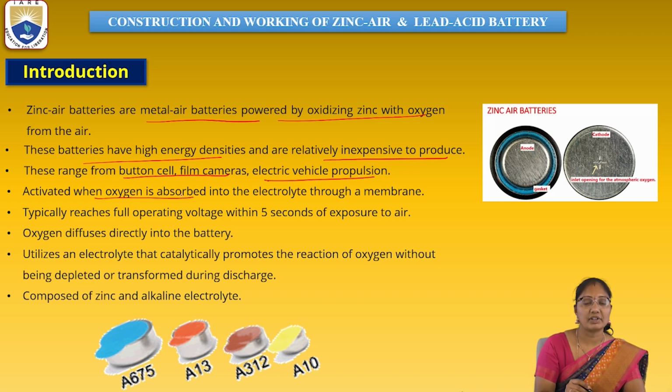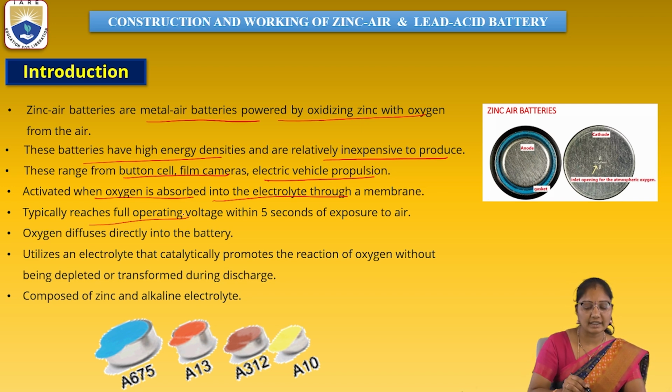They are static and become activated by the supply of air. From the air it grabs the oxygen and then gets activated. The oxygen is absorbed into the electrolyte present inside the battery through a membrane.